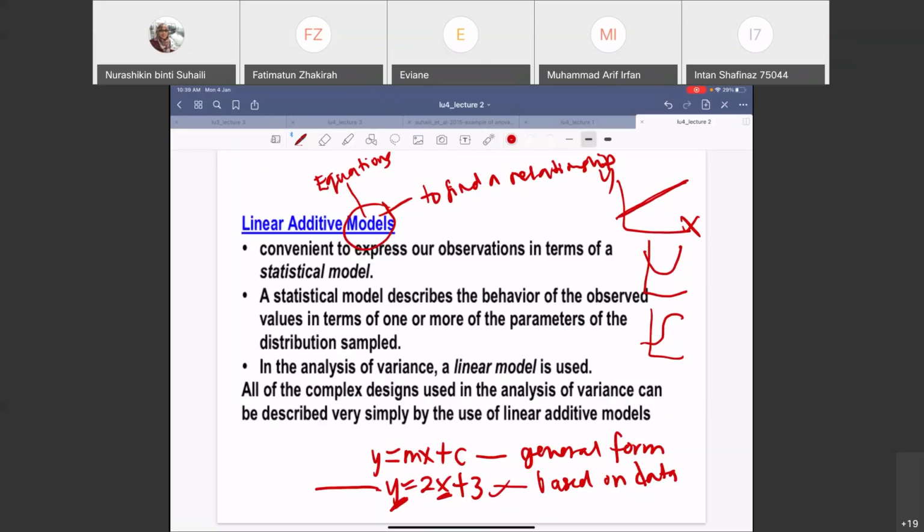It is a relationship between y, which is the response, and x. Y is the response, and x is the factor that you control or you analyze in your experiment. Okay, right. The same thing.